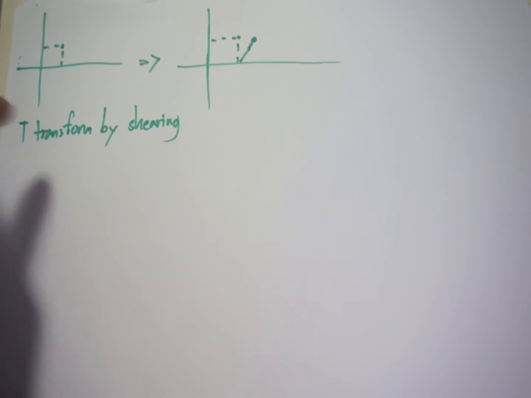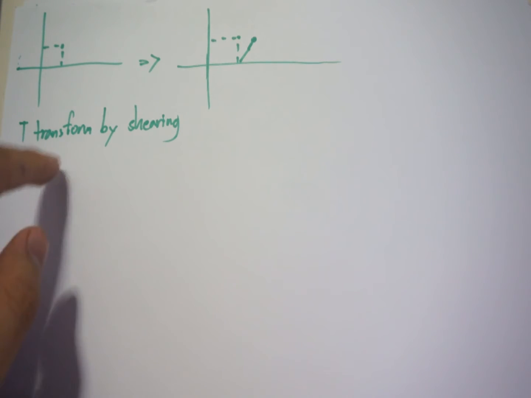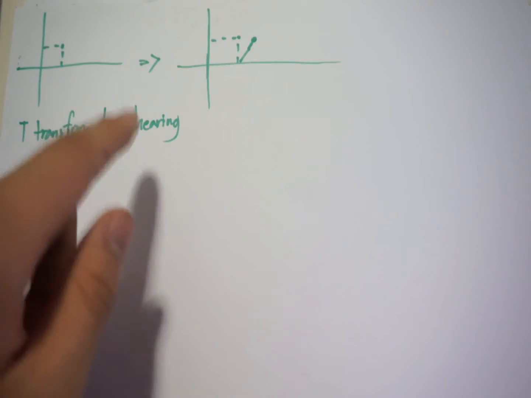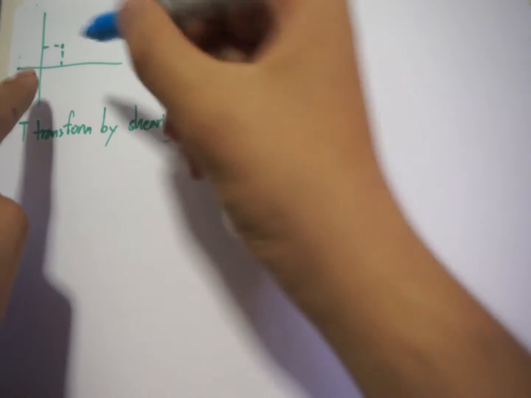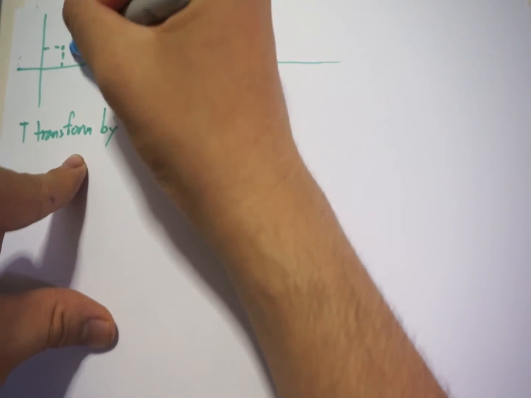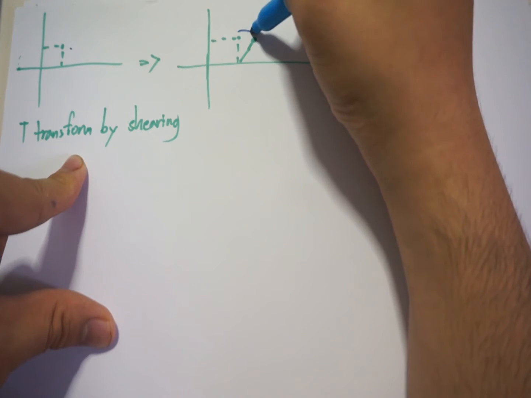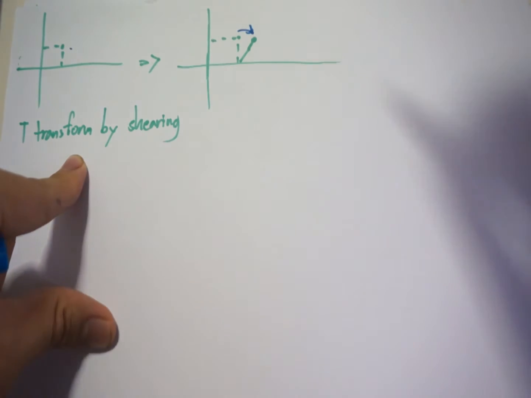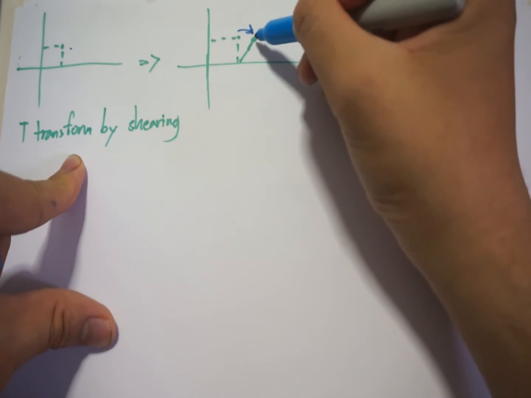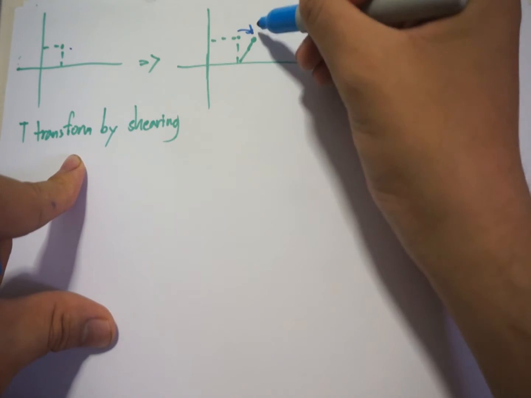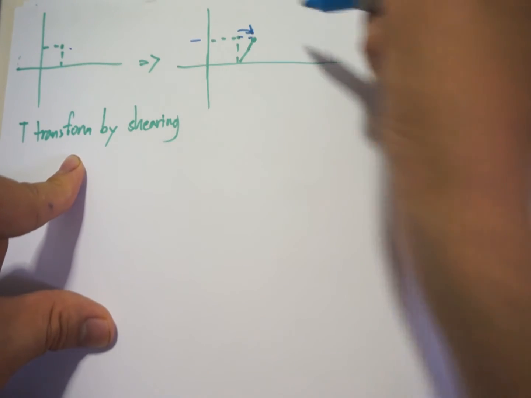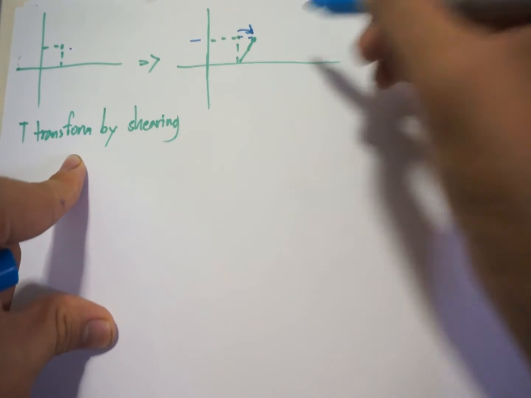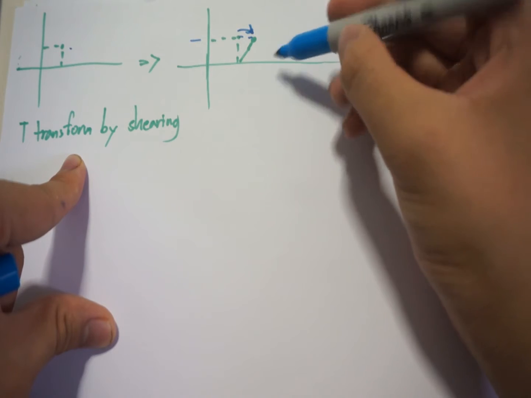Okay, we have the equation with the graph showing that this transformation is by shearing, which is basically from this point turned to this point. As you can see, the y coordinate stays at the same height, however the x shifted.